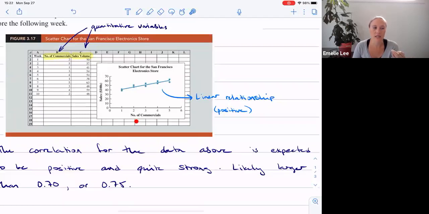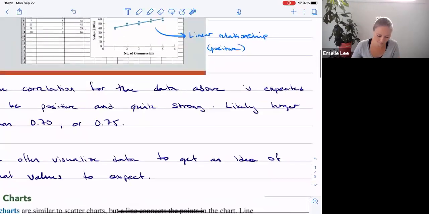So we can kind of ignore that aspect for a little bit. We should consider it later in our analyses, but here, because we don't have time on the x-axis, we can assume that there's some independence between these observations. And so any trend that we pick up on would be because of the relationship between the number of commercials and the sales, not because of a time component necessarily.